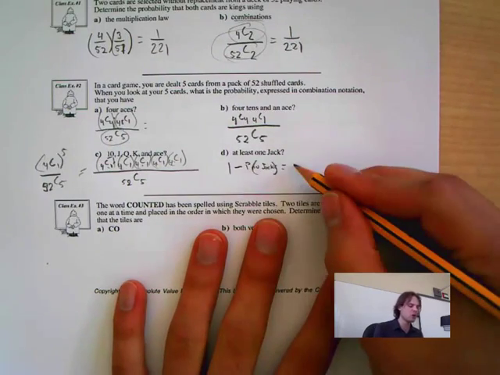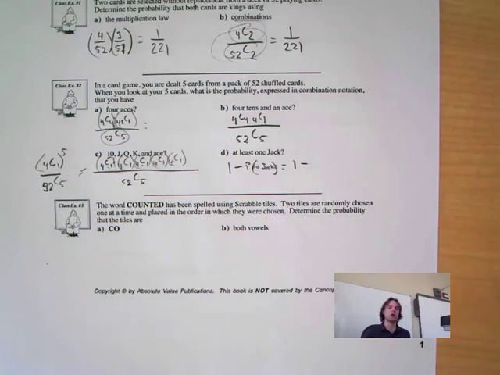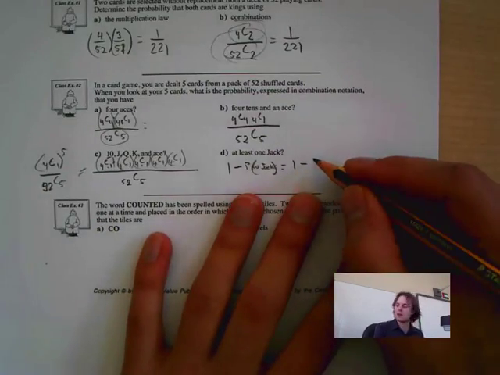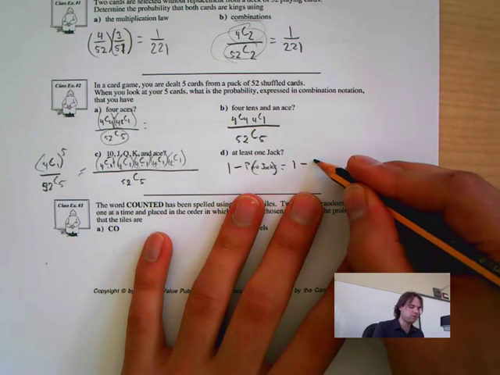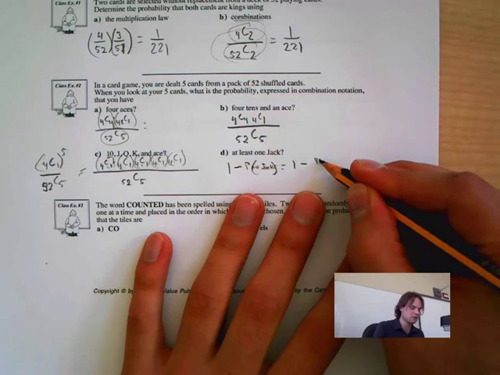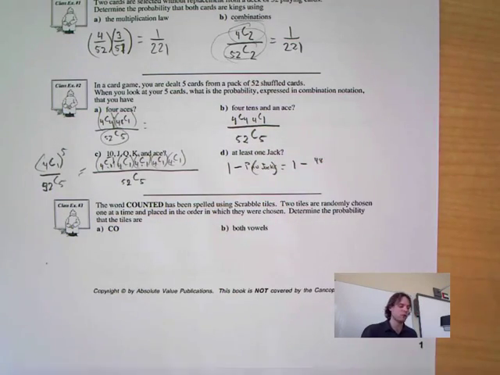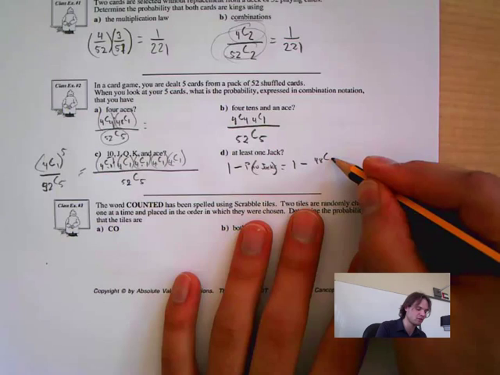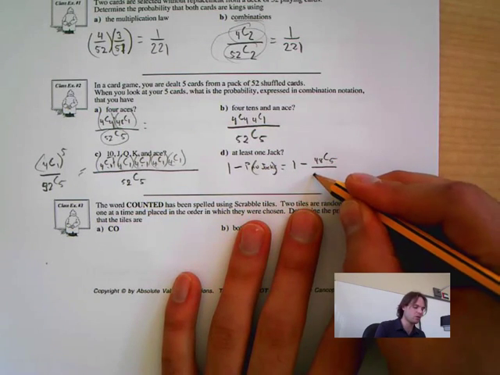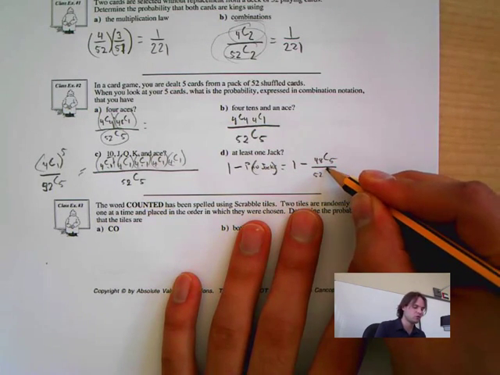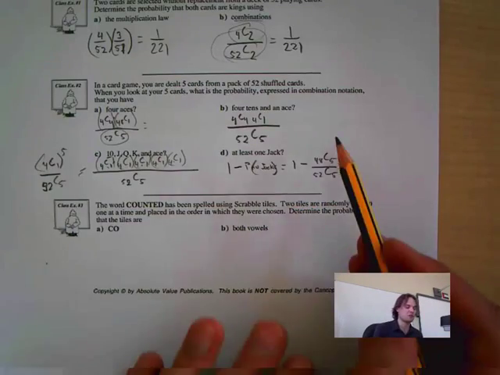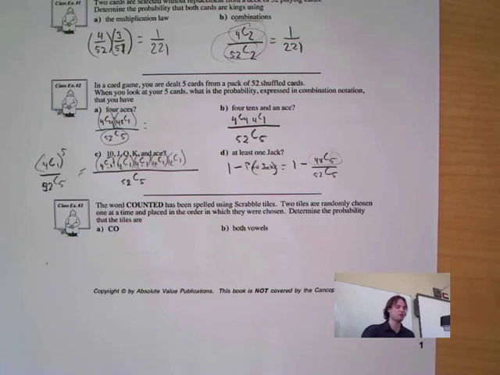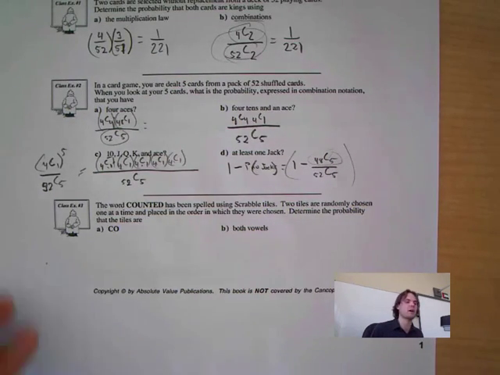What is that equal to? 1 minus, well, probability of no jacks is, out of 48 cards, because we're not including jacks, there's 48 other cards besides jacks, we are choosing 5, divided by, out of 52, choose 5. So that's the probability of getting no jacks, because we're only looking at 48 cards that we want. And we calculate that, and that will give us our answer. That's the kind of shortcut for it.